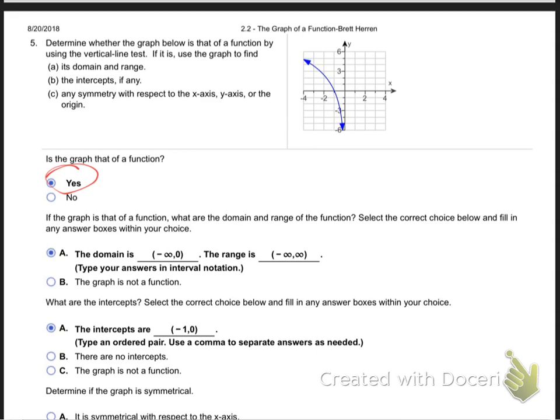Domain is the width, the sideways, like how far left, how far right. See how this graph goes left forever, negative infinity, and it goes right until it gets to 0? See how it's taking a dive at 0? What does it mean when you have a line that you get close to forever?